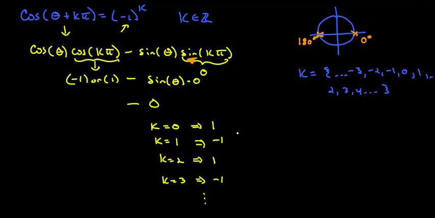So notice when k is even, the value that we're going to get out is +1. When k is odd, the value that we're going to get out is -1. So this guy is going to be -1.